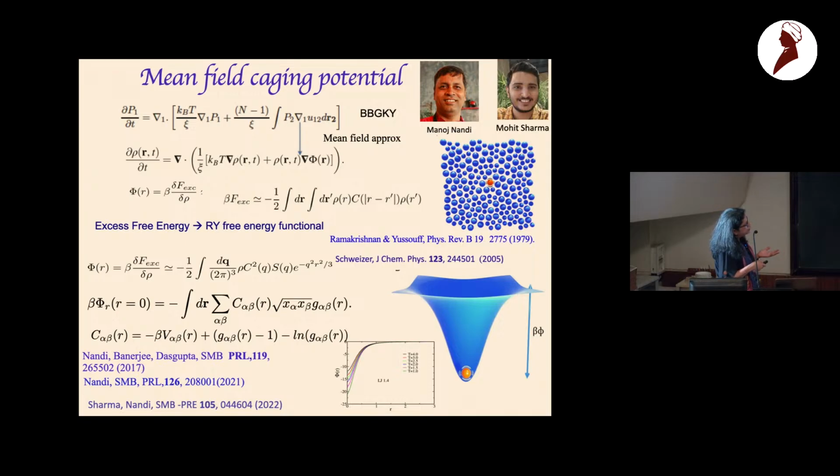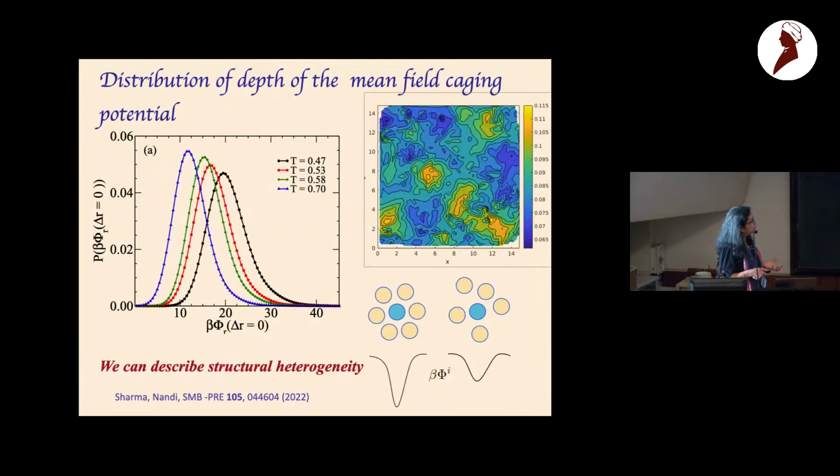I won't go into the details of the theory, but the order parameter is described by a product of a direct correlation function and the radial distribution function. What it tells us is how much the particle is caged. Each particle is caged, we can do it at per particle level, and we can show that this order parameter beautifully captures structural heterogeneity.